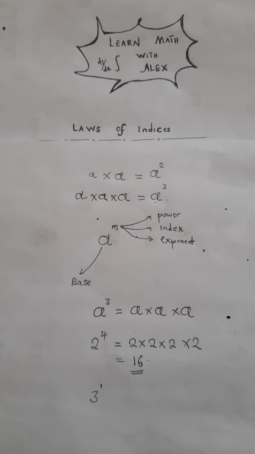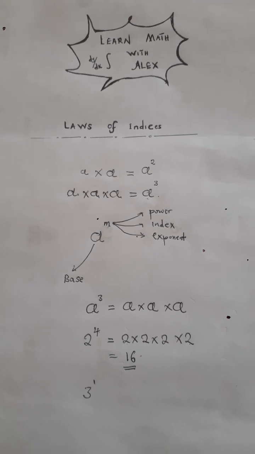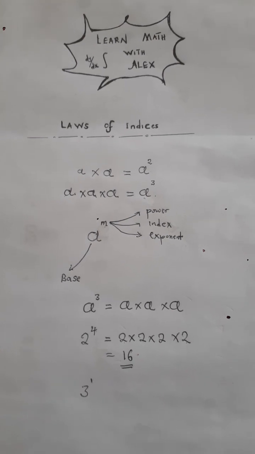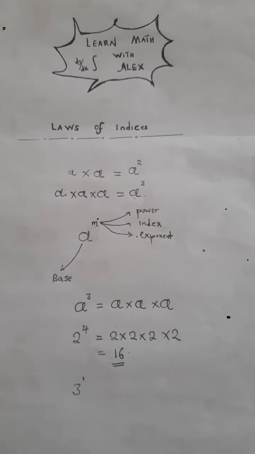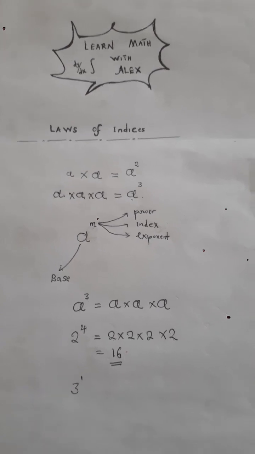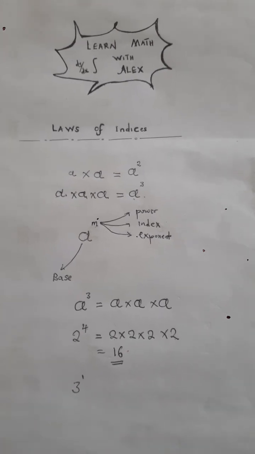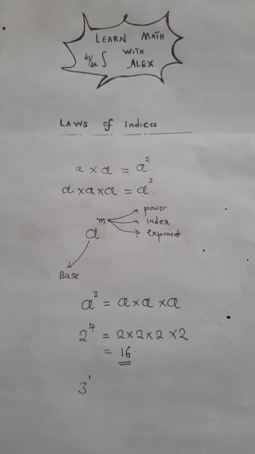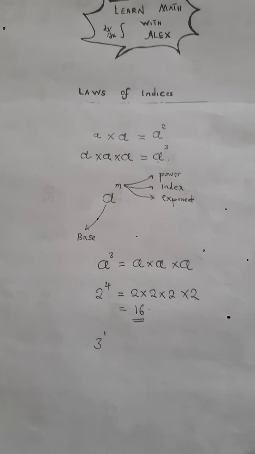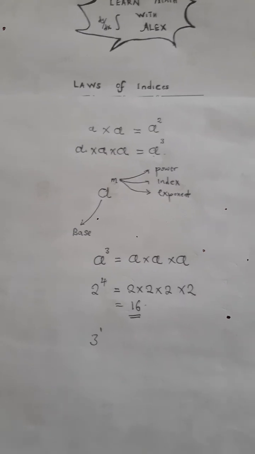Even these indices have laws, or rules. They have a certain way that they operate, and you can't just use them anyhow. So let's go into the laws of indices.